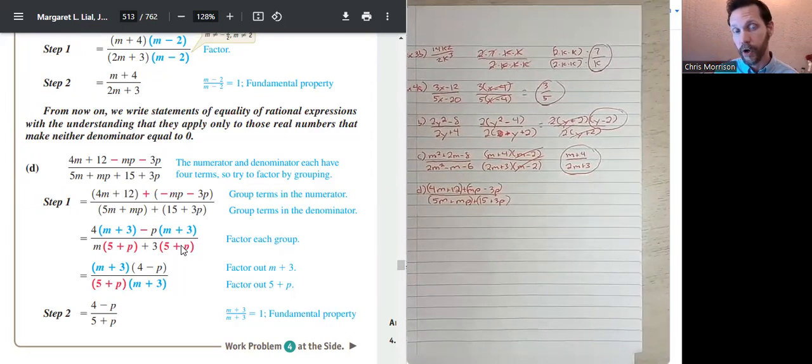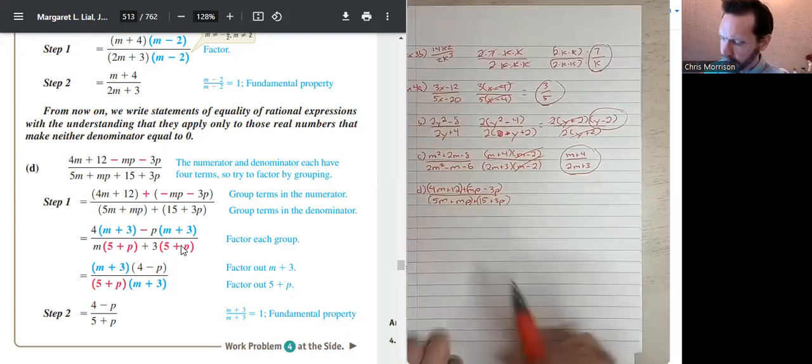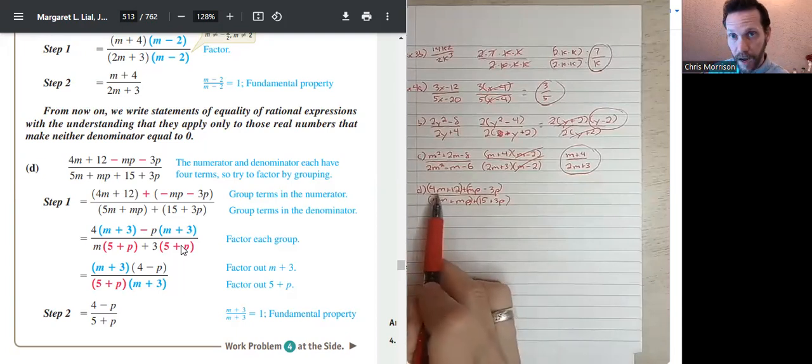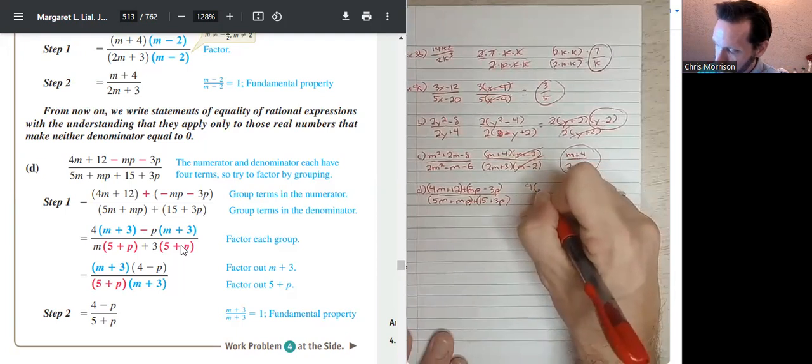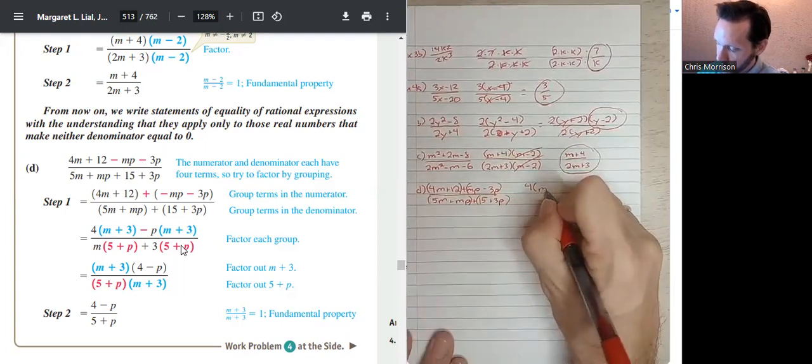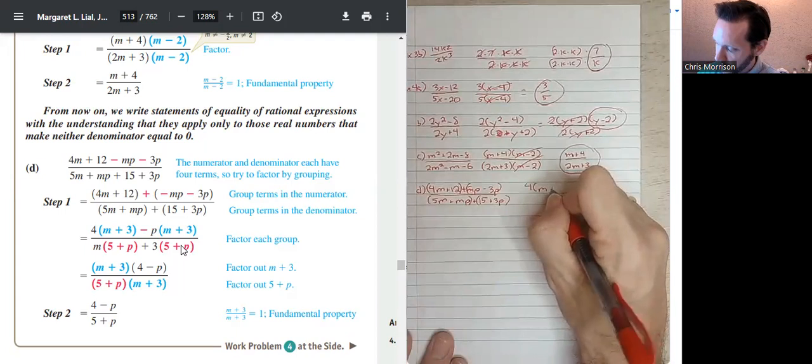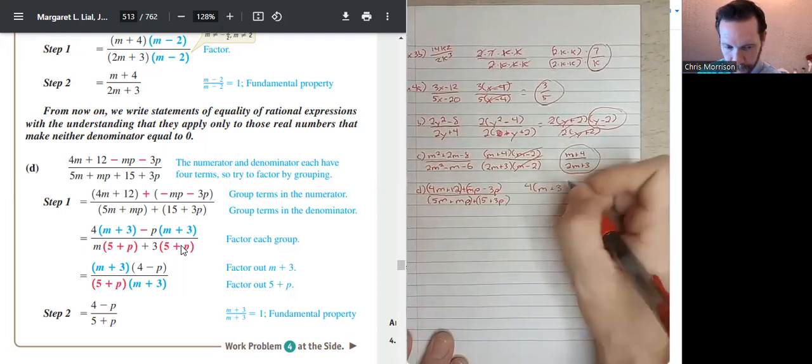And once I have the 4 groups, I can factor each group and pull the factor out of each group. And if you don't remember this procedure, watch me do it and I think you'll remember, oh yeah, we did that a couple weeks ago. So 4m plus 12, obviously I can factor out the 4. So that becomes 4 times (m plus 3).